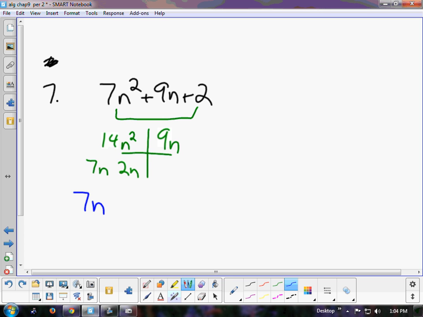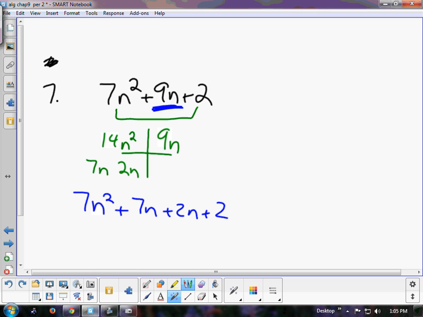So 7n squared plus, instead of 9n, I'm going to write 7n plus 2n plus 2. So do you see that instead of 9n, we wrote 7n plus 2n? Because 7n plus 2n is 9n. So we rewrote the problem. It's still the same problem, we just rewrote it.